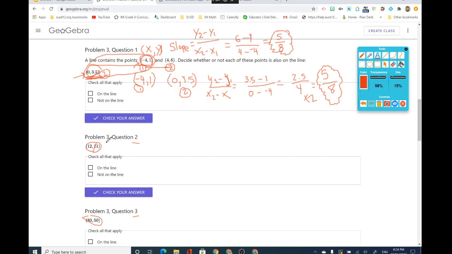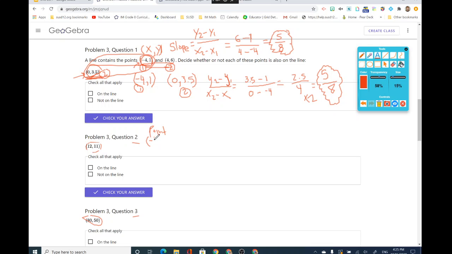Okay, problem number 3. Let's try this one. There we go. So we have 2 points, and if this second point is on the line, then the slope will be equal to the first 2 points' slope, 5/8. So I'm just going to put these here. Let's say point 1. Point 1 is -4, 1, and I just got that from the original information.